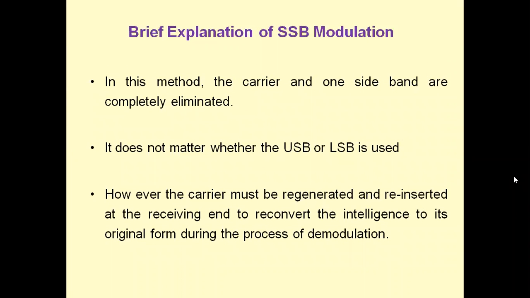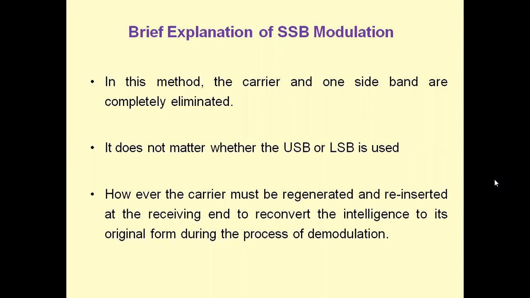In this method, the carrier and one of the sidebands are completely eliminated. It does not matter whether USB or LSB is used. You can transmit either the upper sideband or the lower sideband. So only one sideband transmission is enough.